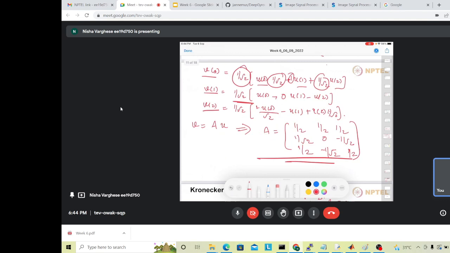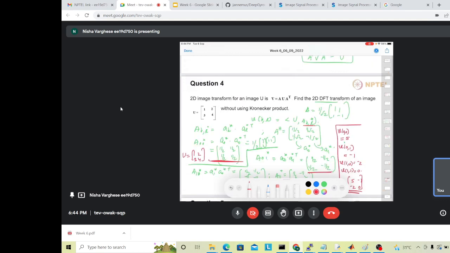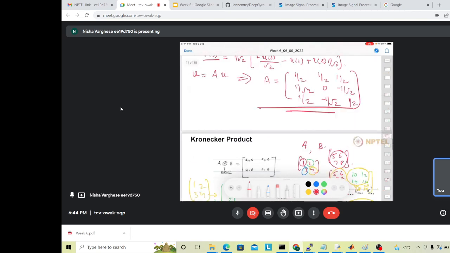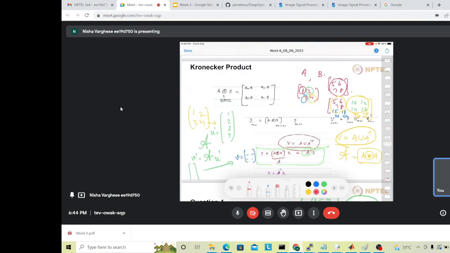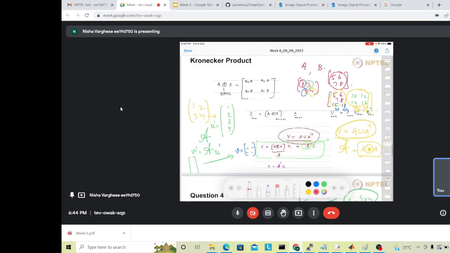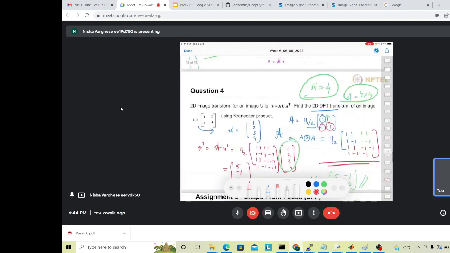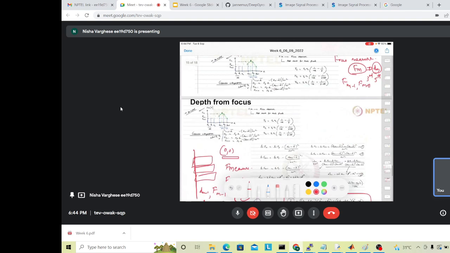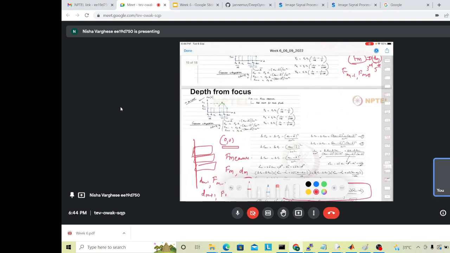How to find the BST matrix, I will also explain. Then about the Kronecker product: by finding the Kronecker product, the transformation can be found very easily. Just find the Kronecker product between two matrices and then find the matrix product. That's all. Then about matrix assignments. So that's all about this week 6.